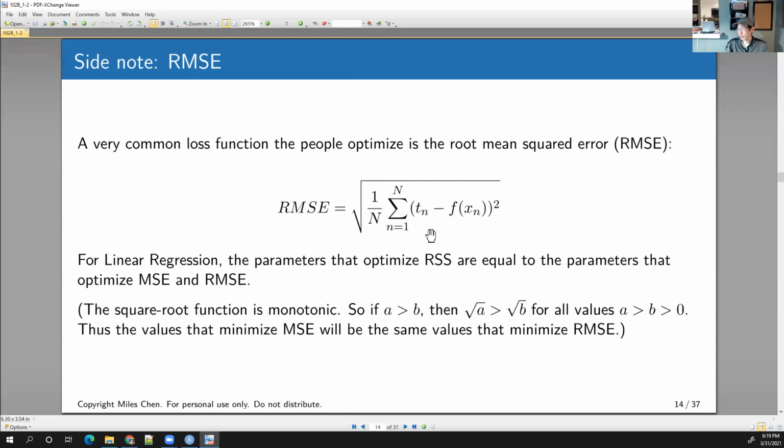If you find parameters that optimize the residual sum of squares, the same parameters are going to optimize the mean squared error, and the same parameters will optimize the RMSE. So we don't have to make a huge deal out of it. That's because the square root function is monotonic. Any value that minimizes this will be the same value that minimizes this, because if a is greater than b, then the square root of a is greater than the square root of b for all values of a and b.